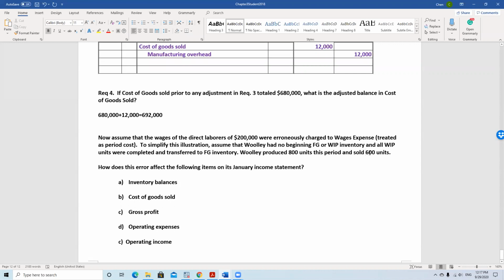However, we produced 8,000 units and sold 6,000. So we produced these units and sold 6,000. How many of these units are still in our inventory? 2,000, right? Yes. So these 2,000 units are still in our inventory. And then how much should we have included in our labor cost?